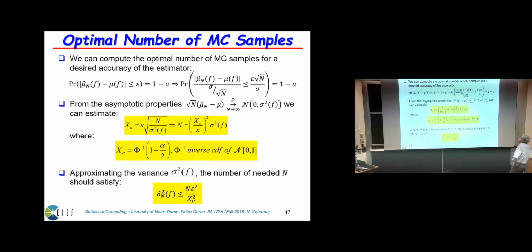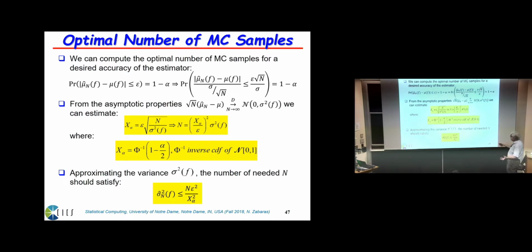This is using just tables. You know how to compute this from tables of the standard normal distribution, right? So it comes out that the number of samples has to be greater than the sample variance, because you don't really know the true variance, times this inverse CDF divided by epsilon squared. So this will give you this probability.